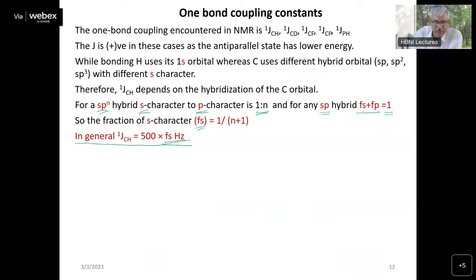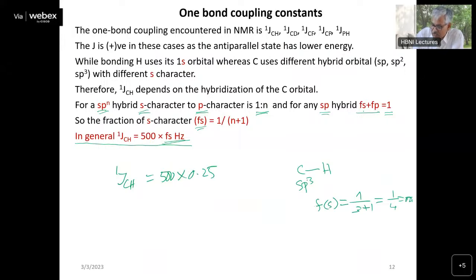Let us say you are bonding a CH, and this is sp3. What is fs? fs is equal to 1 divided by 3 plus 1, so it is 1/4 or 0.25. So your 1JCH will be 500 into 0.25.